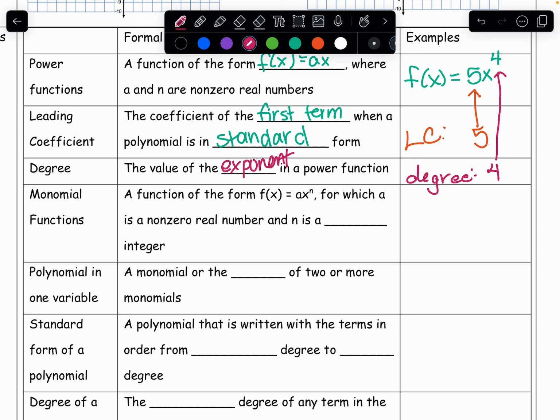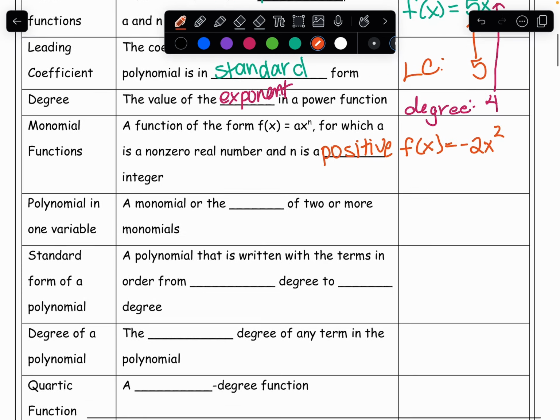Now a monomial function is a function of the form f of x equals ax to the nth power, for which a is a non-zero real number and n is a positive integer. So we can have f of x equals -2x squared. That is a monomial. It's one term.